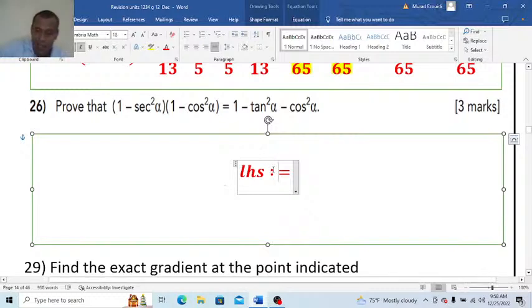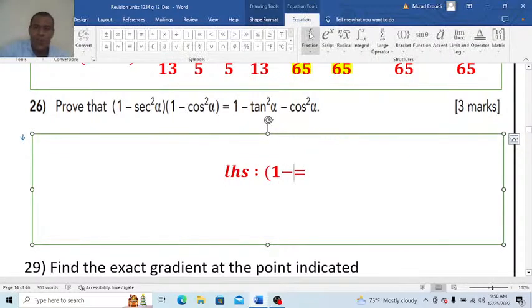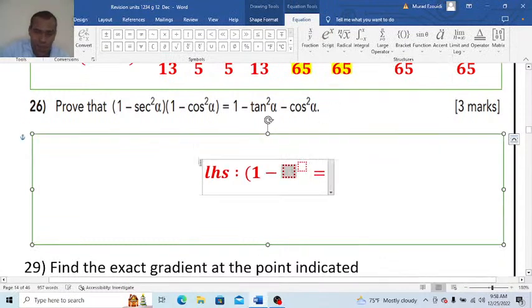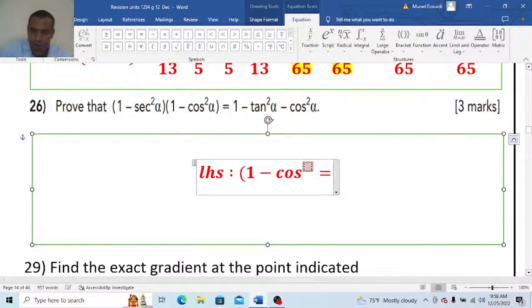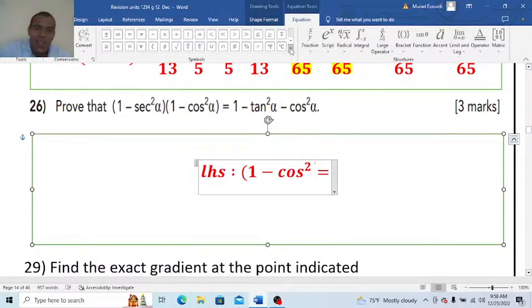Is in fact 1 minus cosine square of alpha. Okay, this is cosine square of what? Of the angle alpha. Again, cosine square of alpha. Okay, without parentheses, it's clear. So I just insert the symbol of alpha.